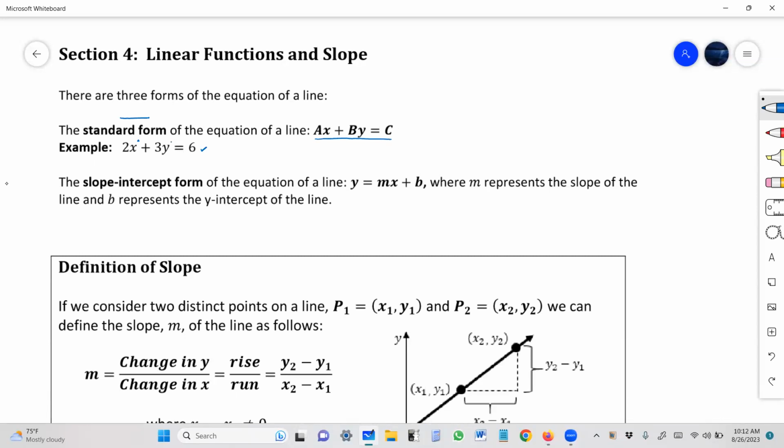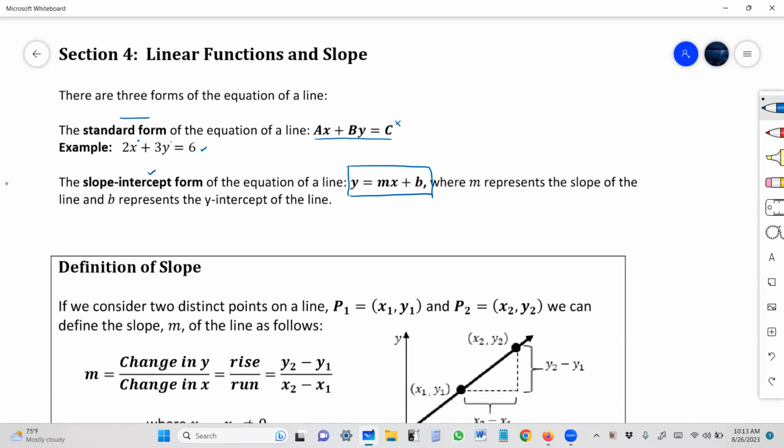Okay? Now, normally we don't like this equation of the line. So we are going to always use this one over here. This is called the slope-intercept form, and we're going to see more of it in section 5.